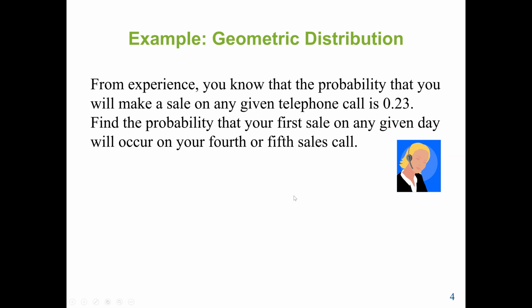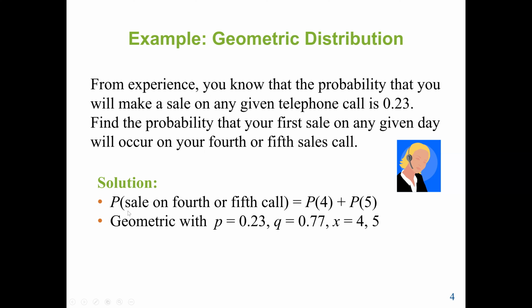So this means our X value will be either 4 or 5. So we need to find the probability when X is 4, and also the probability when X is 5. And since this is fourth or fifth, we add both probabilities together.